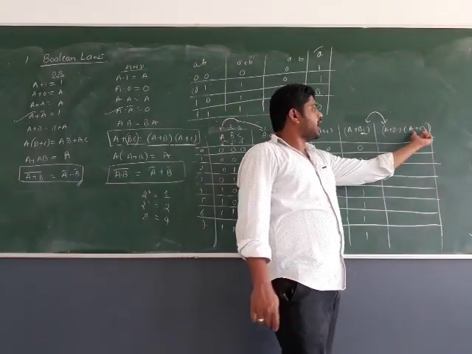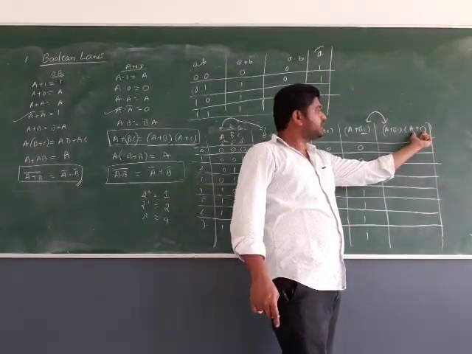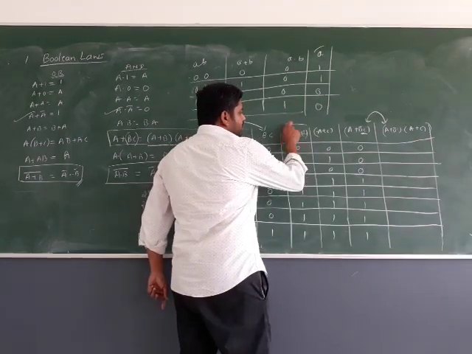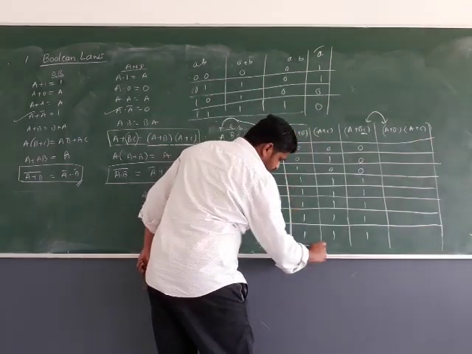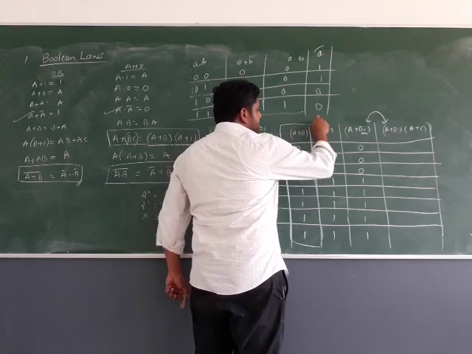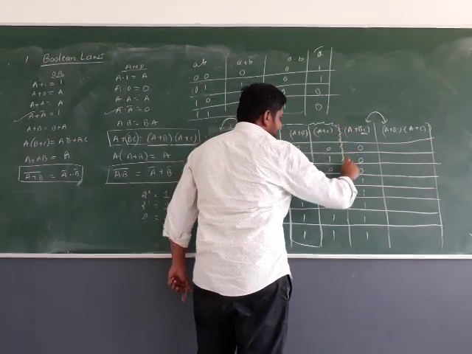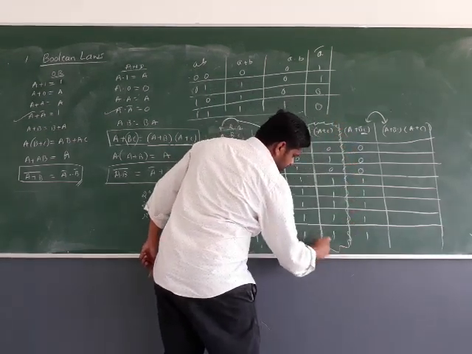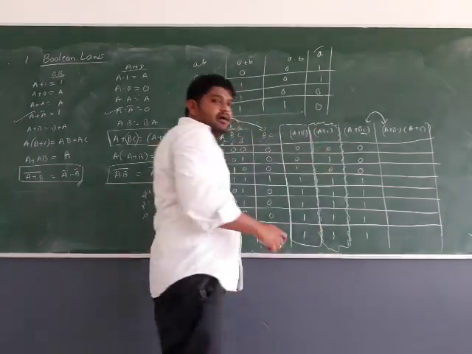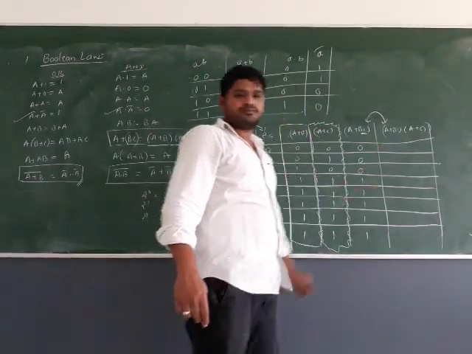Now what is the next term? Between A plus B and one more column A plus C. See here, one column is A plus B and another column is A plus C. Here we have to get AND because there is a dot.